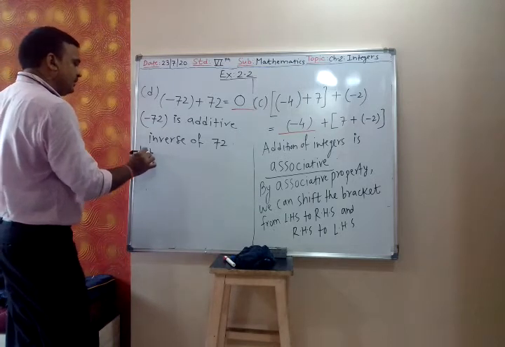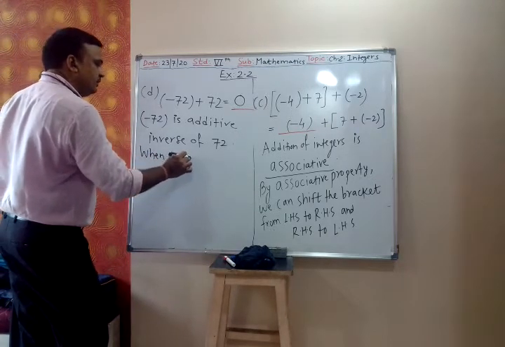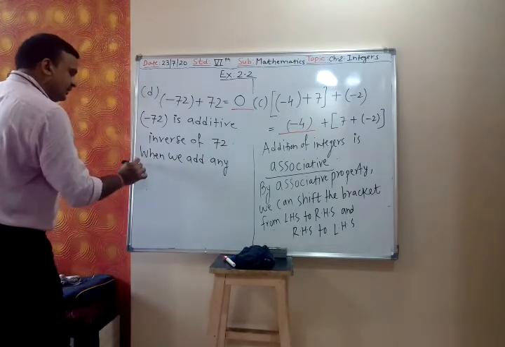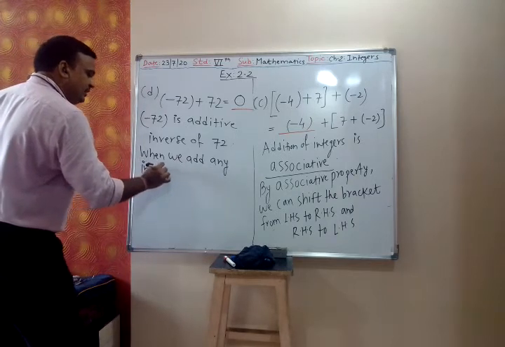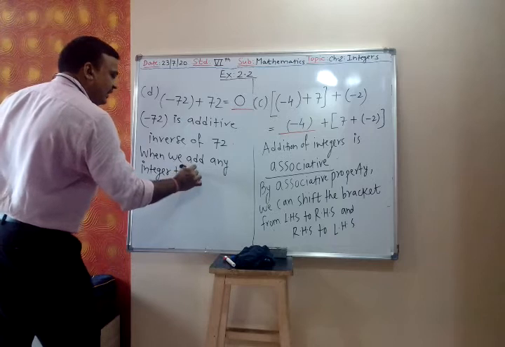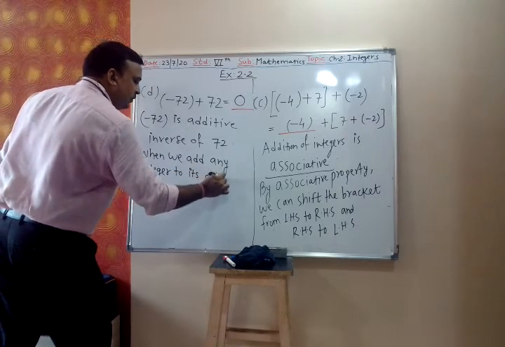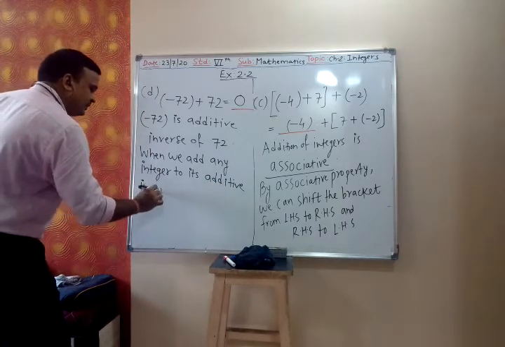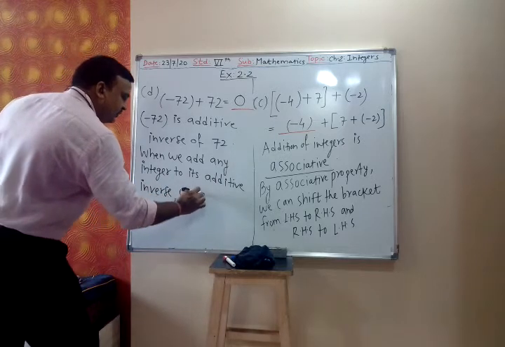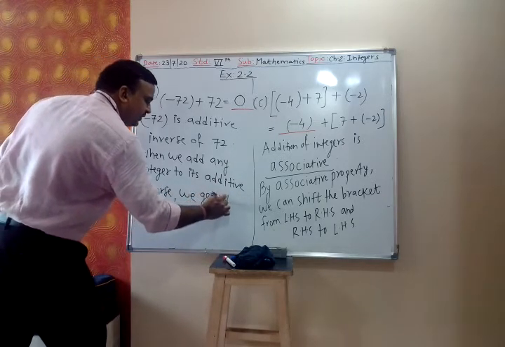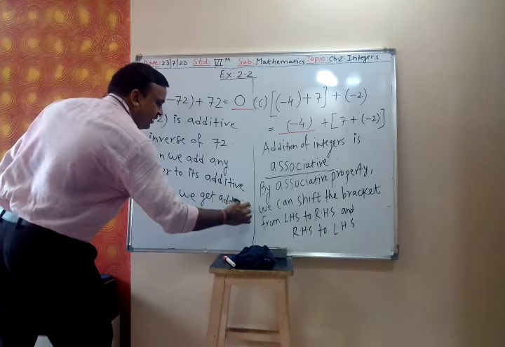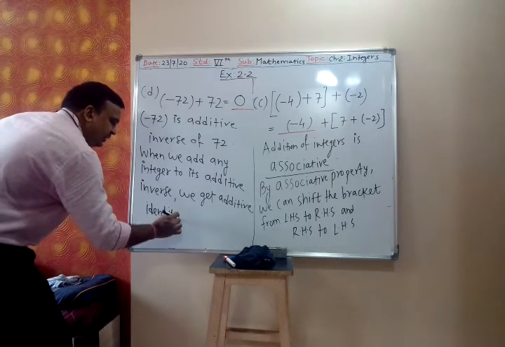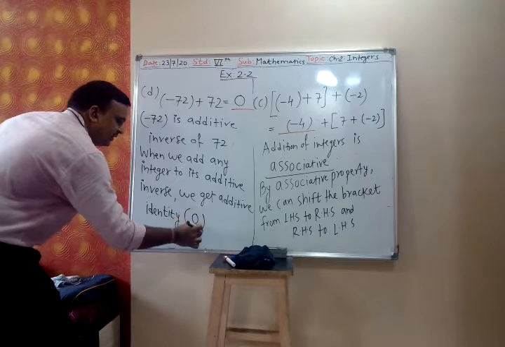So when we add any integer to its additive inverse, we get the additive identity 0. So whenever we add any integer to its additive inverse, we get the additive identity 0.